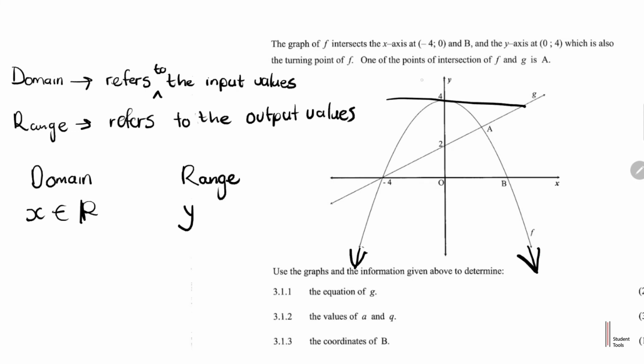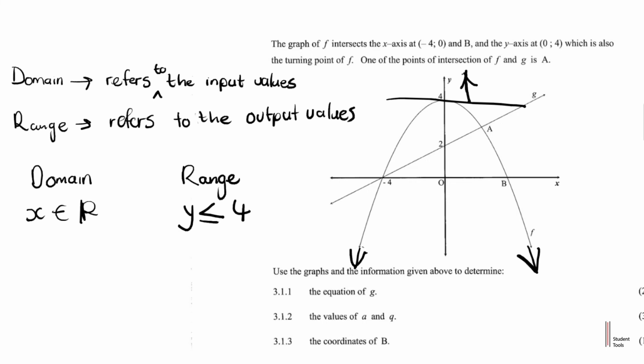It will not go that direction, but it will turn and go back to the other direction. So that means our y values are less than these 4. So they are less or equal to this 4, because we have the turning point here. So y would be less or equal to a positive 4. Okay, that is how we determine the domain and the range of f.